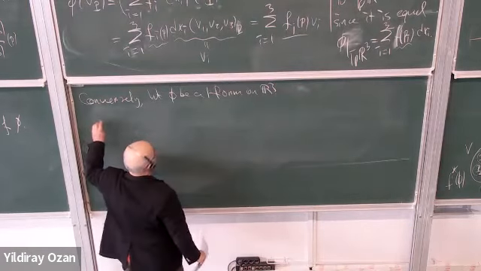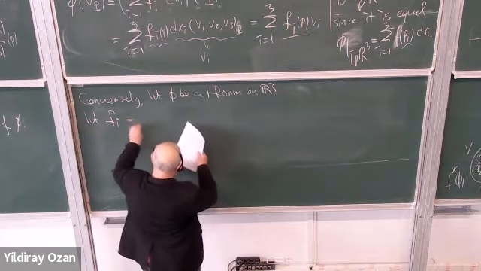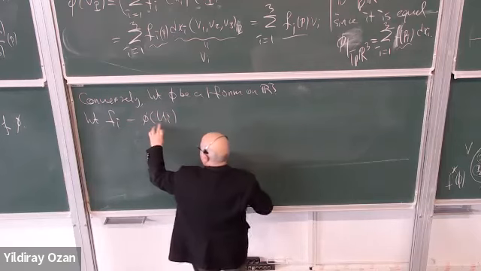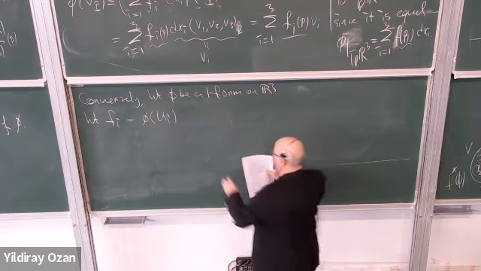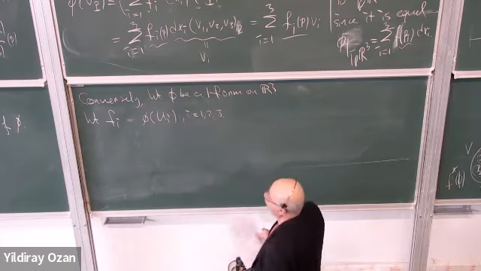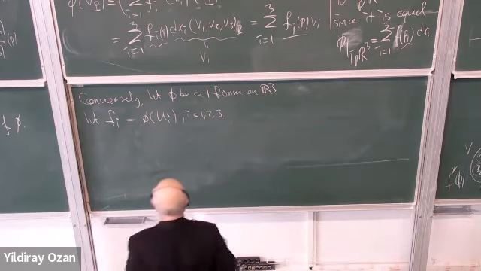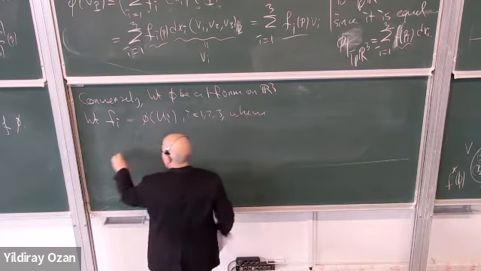Okay, so let fi be the function defined by this: this one form eating the vector field ui, i from 1 up to 3. Did I tell you what these vector fields are?